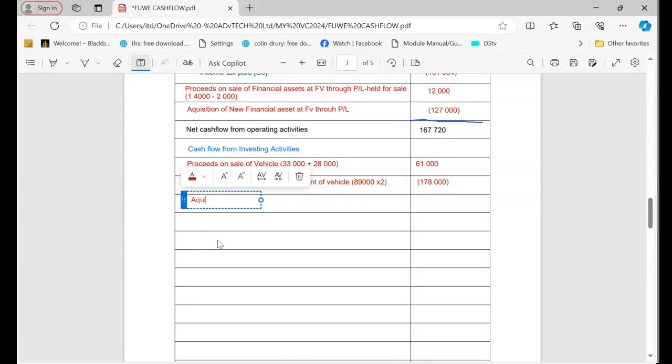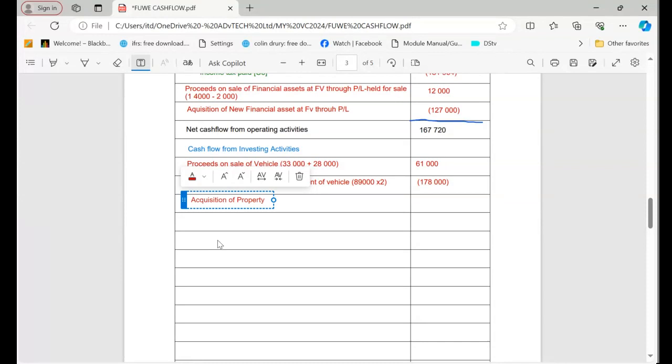Even though I suspect that my acquisition is not the right spelling. There's supposed to be a C before, I think. You probably chose the UK English.